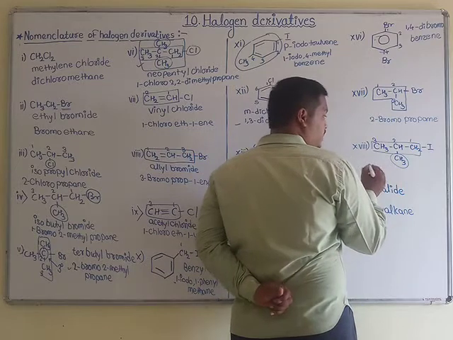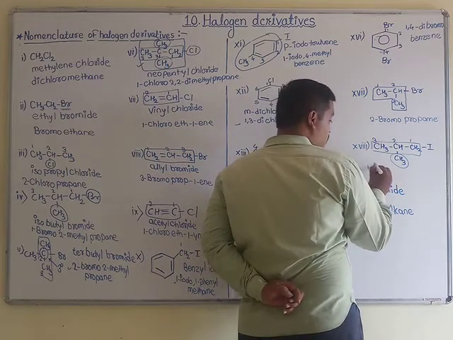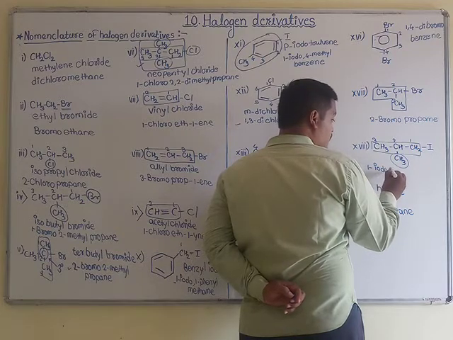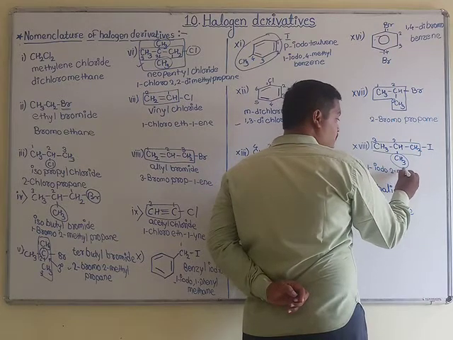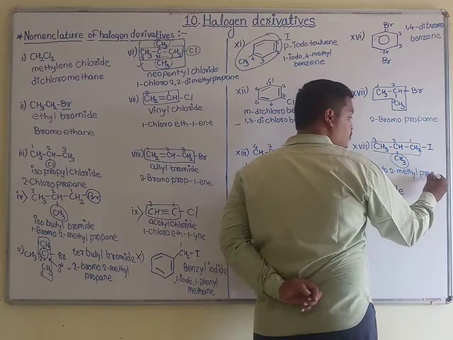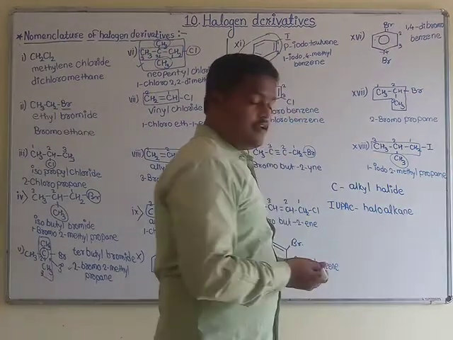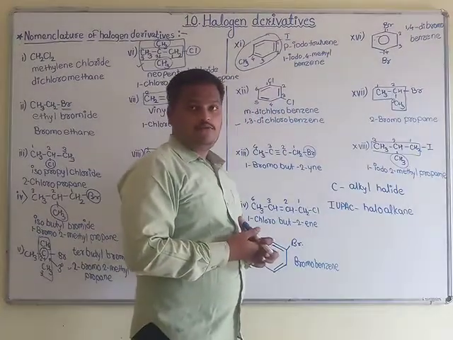And to give the correct IUPAC name to this compound, 1-iodo-2-methylpropane is the correct IUPAC name of this compound.